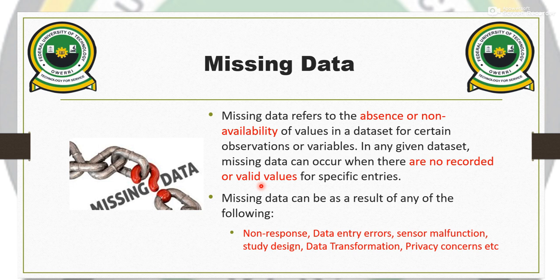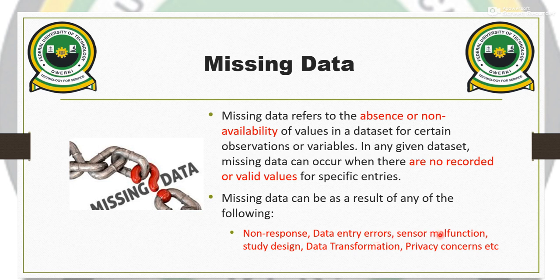So missing data can be as a result of any of the following: somebody decides not to respond to a question, then data entry error. Somebody wants to enter some data and then he misses the point where he should enter the data.